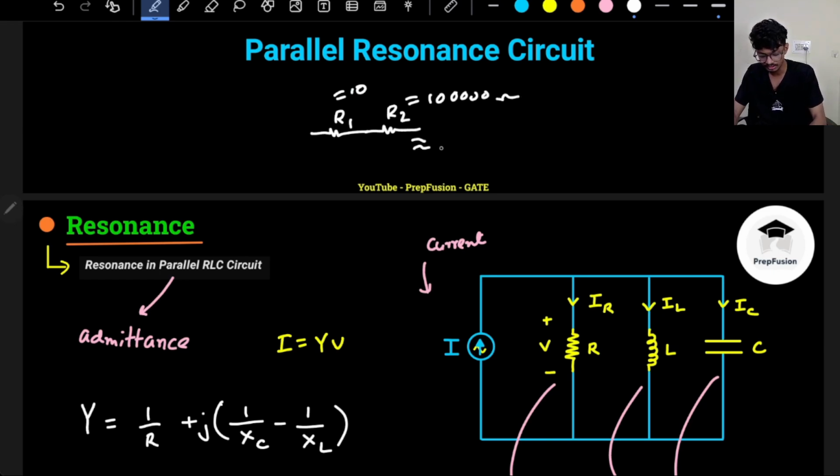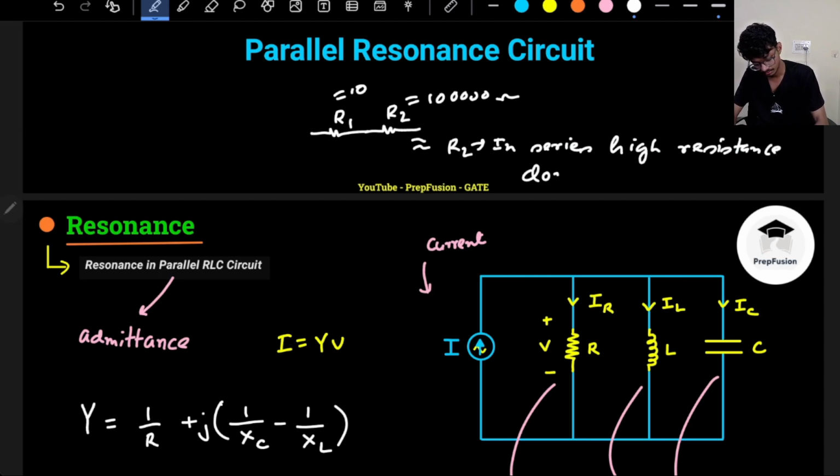So what is the equivalent? Equivalent is almost equal to R2. So in series, the higher resistance dominates.